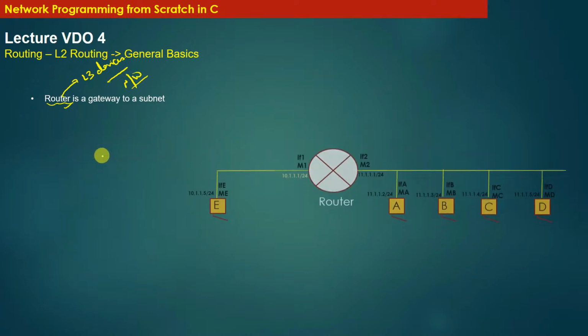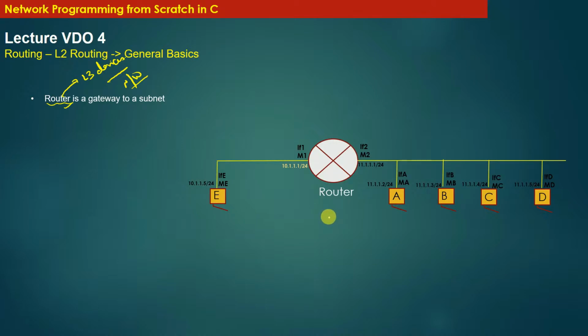So in this example, you have a subnet A and you have a subnet B. The network ID of this subnet is 11.1.0.0/24 and the network ID of this subnet is 10.1.0.0/24. Now if machine A wants to communicate to machine C, for example, it is L2 routing.